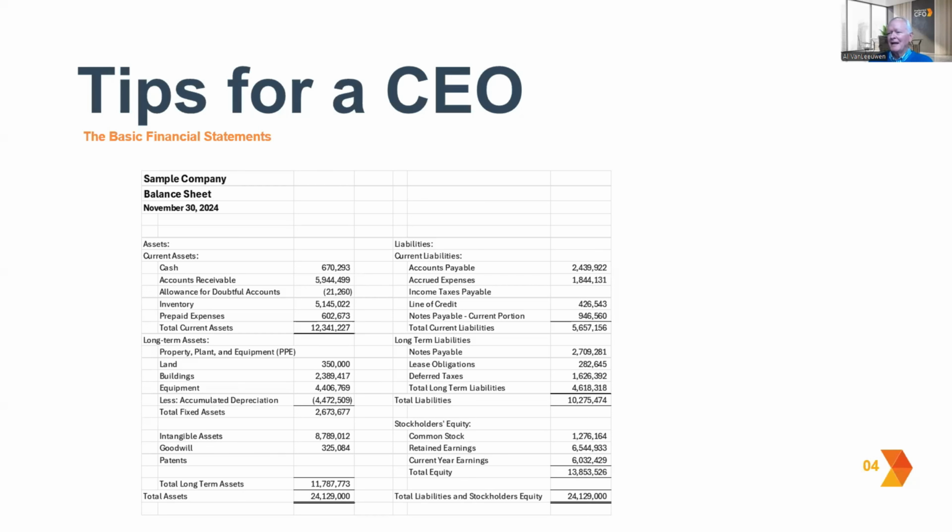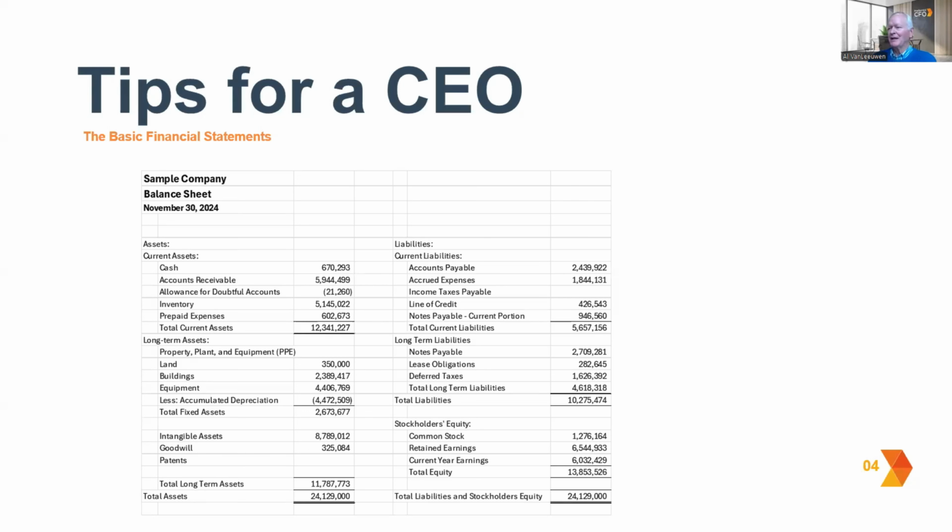So if they collect all of their receivables and turn it into cash, they'll have enough to pay all the bills that will be due within the next 12 months because current liabilities is what is due in the next 12 months. But just looking at this balance sheet very quickly, I would have a question.